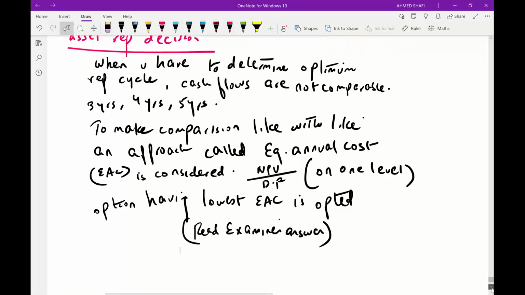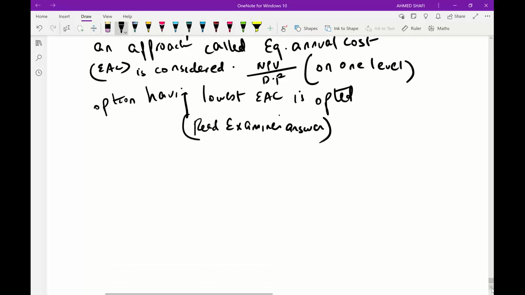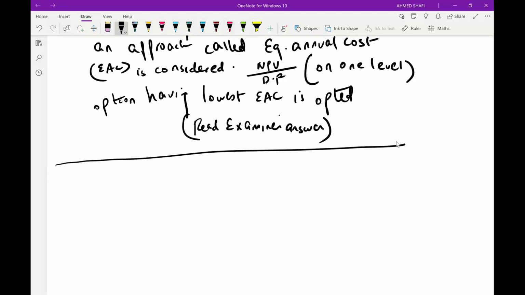because you might have studied that there are 2 approaches of dealing with inflation. One is called nominal approach and one is called real approach.